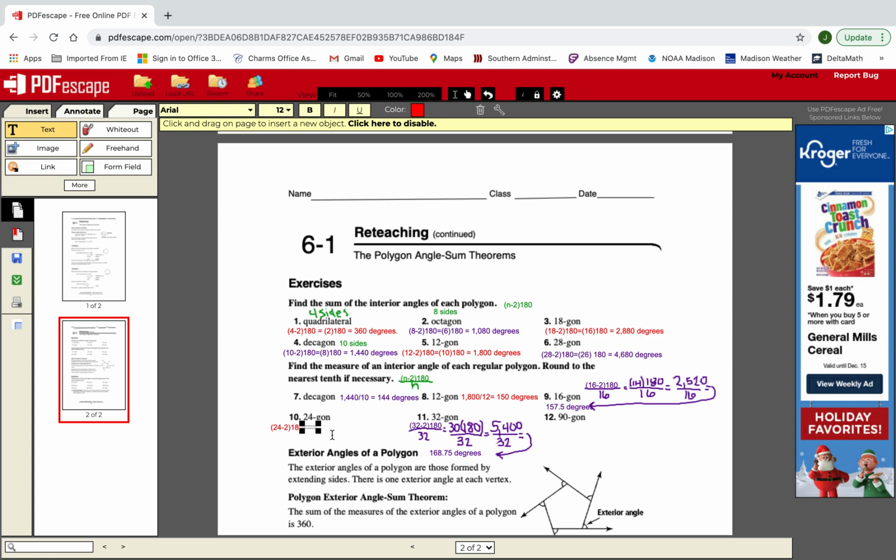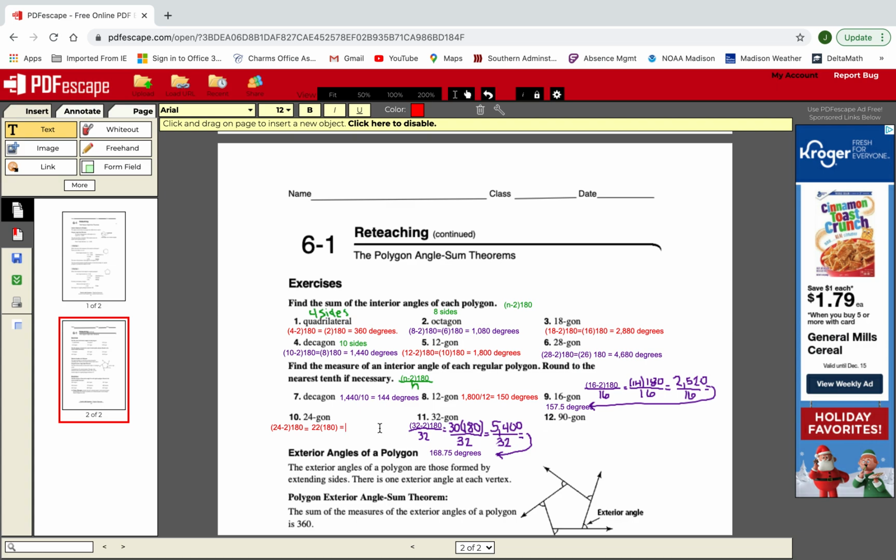No, all right, so let's stop trying that. Okay, so we're going to divide that by 24. Okay, and we're going to end up with 24 minus 2 is 22 times 180. And we'll divide that by 24.